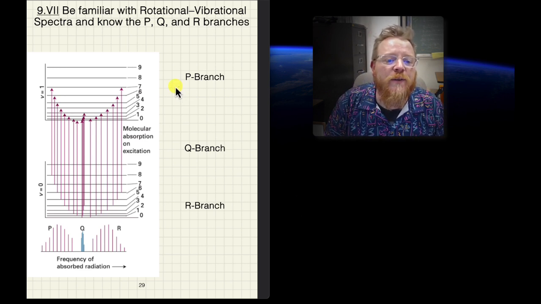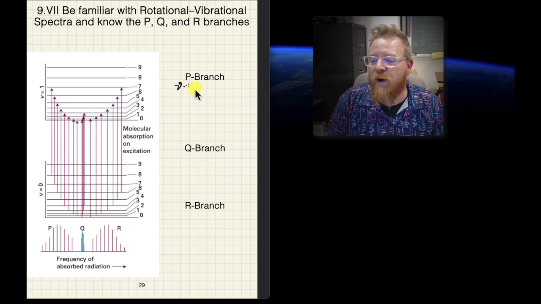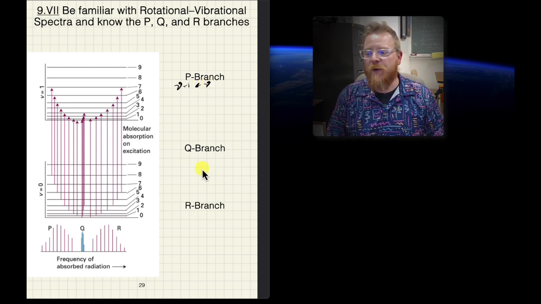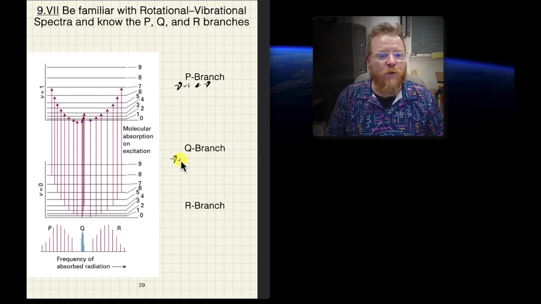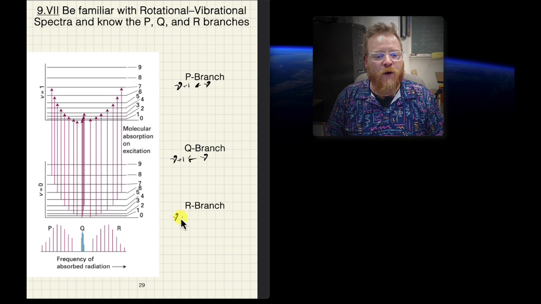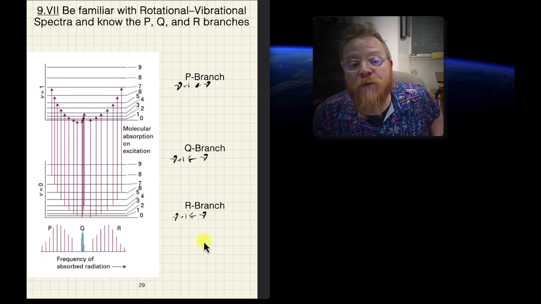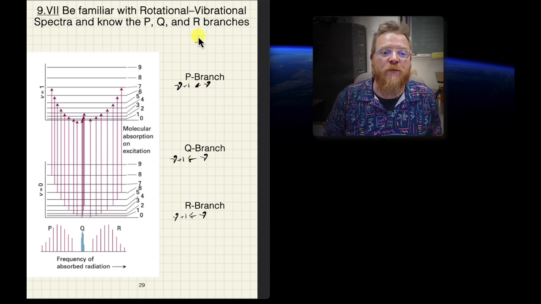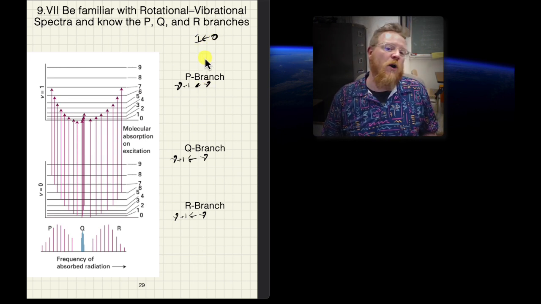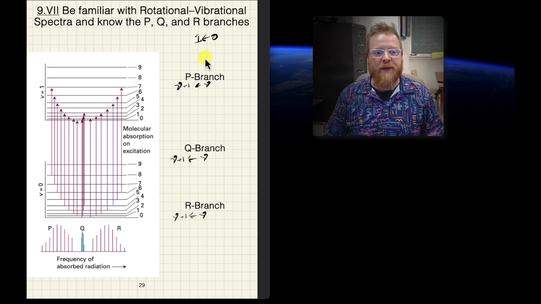All of these branches deal with nu plus 1 from nu, so the quantum number nu changes by 1. We'll note that for all of these. And because all of our molecules exist primarily in the ground vibrational state of 0, these really all are probing from 1 to 0 or 0 to 1, depending on how we think about it.